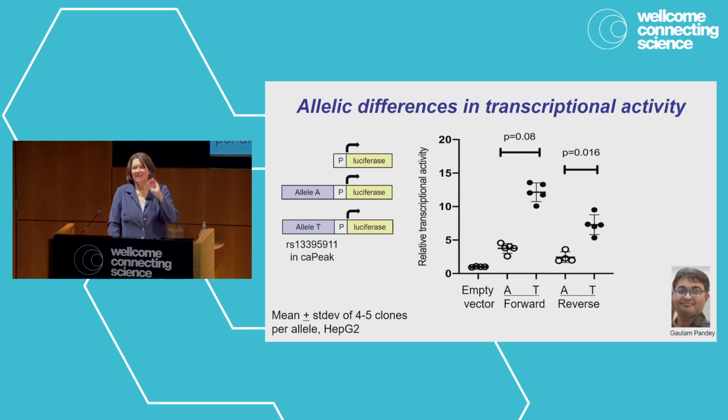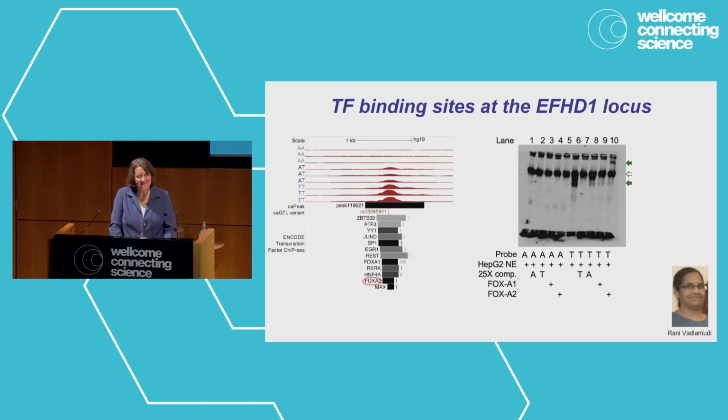So now we have a variant and a gene, a direction of effect together that could be influencing the trait. Like, well, how does that variant have its effect? So we notice in this region of the chromatin accessible peak that there's ChIP-seq data from ENCODE from HepG2 cells for quite a number of transcription factors, including FOXA2, where the motif is predicted to be disrupted by this particular variant.